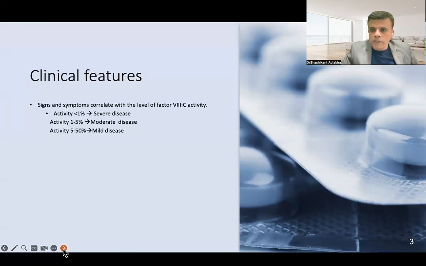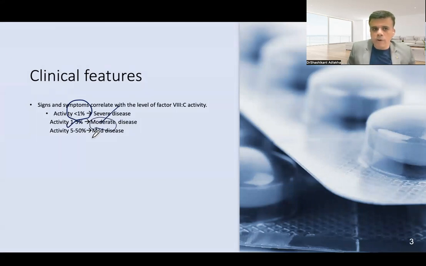Coming to the factor 8 level, if it is less than 1% of normal, that signifies a severe deficiency, called severe hemophilia. Activity of 1 to 5% is called moderate hemophilia.